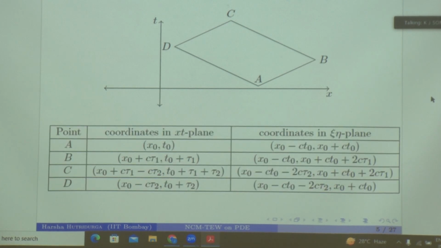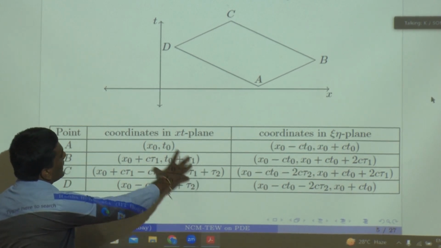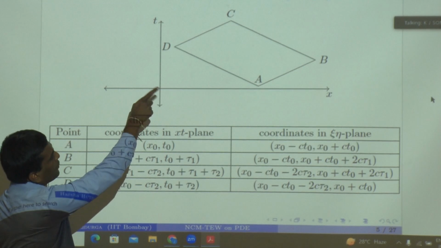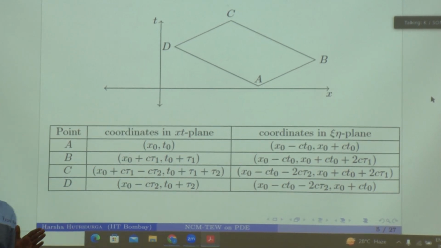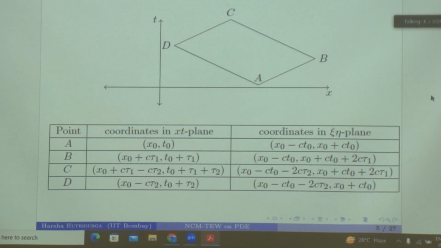Here I just want to do this exercise from our knowledge from class 12. What are we doing here? In this column, we write down all the 4 coordinates of your characteristic parallelogram in the xt plane. And yesterday we introduced this new psi eta plane.